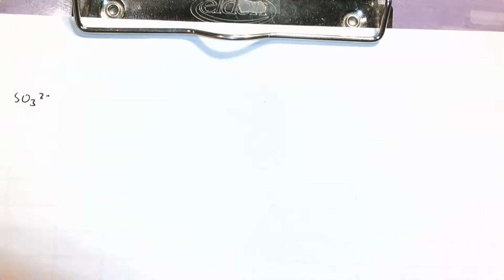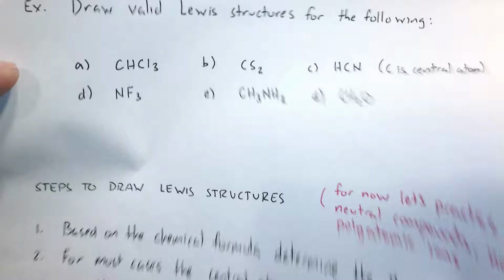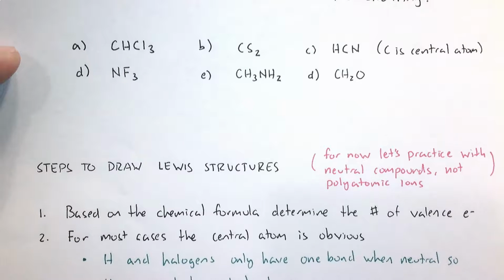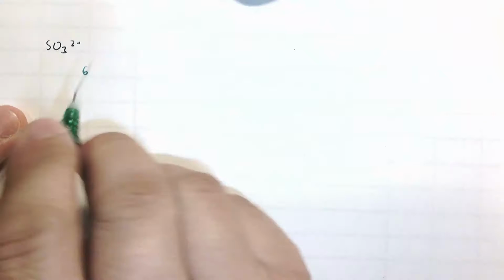SO3 2 minus. Essentially, we're following the same rules that we talked about in the previous video, how to draw Lewis structures, except we're going to add those 3 bullet points, and we're going to have to keep those in mind. All right. The first step is to count the number of valence electrons. Sulfur has 6, because I know that sulfur is right underneath oxygen.